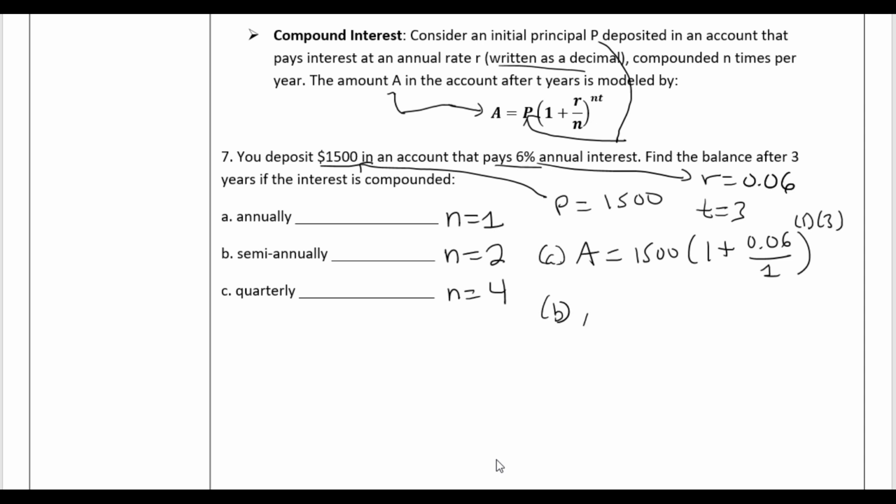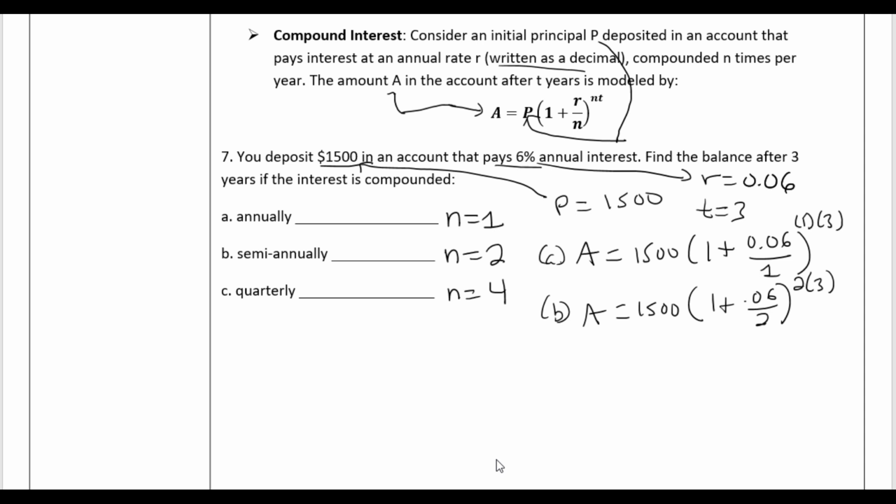B. These are calculator heavy problems. You're going to need a calculator for this stuff. So 1,500, we got 1 plus 0.06 divided by 2, and then we have 2 times 3. In this case, since you're doing it for 3 years, semi-annually, that means they're compounding it a total of 6 times, since 2 times every year for 3 years.